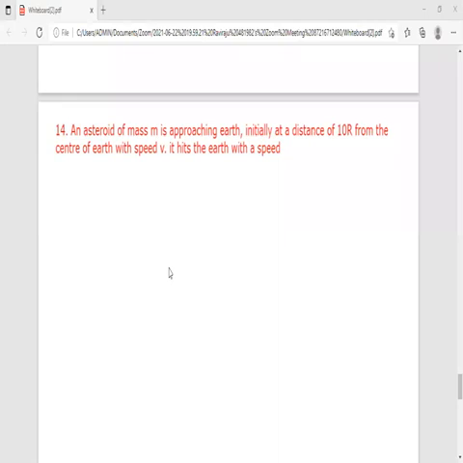What will happen at that distance? The Earth will also attract that body, and it also has some initial kinetic energy. So the initial velocity is given. Because of the attraction from the Earth, the velocity of that asteroid will increase, and finally it will hit the Earth with some more velocity only.